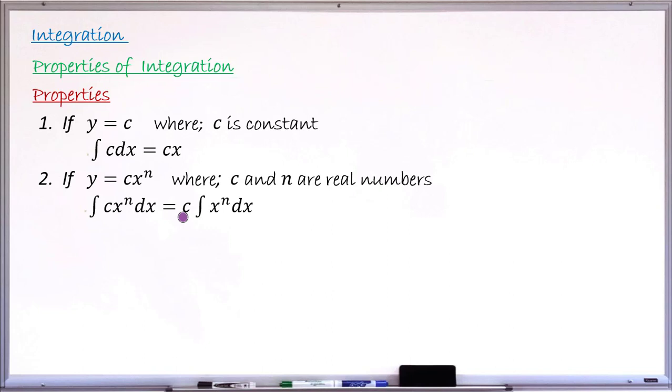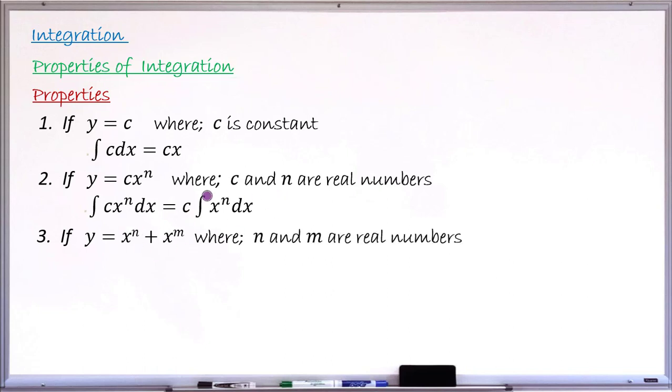Let us move and take the third property of integration. The third property says if you have the function y equals x raised to n plus x raised to m, that is, you have two terms in the function y, where n and m are real numbers, and you want to find the integral of y, then the integral of x raised to n plus x raised to m with respect to x is nothing but the integral of x raised to n dx plus the integral of x raised to m dx.